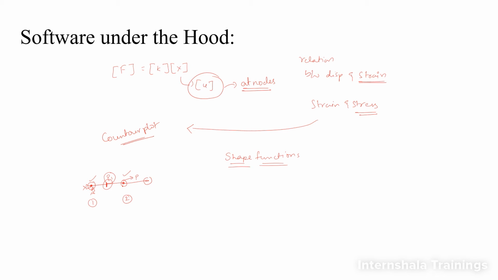Now using mathematical interpolation, the software is going to calculate the value at P1, and for calculating it, these are the functions that help the software calculate the required values at required intermediary points. So this is how the software approaches different problems using the finite element method.